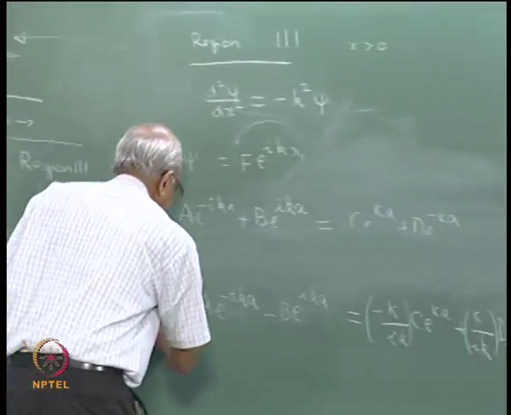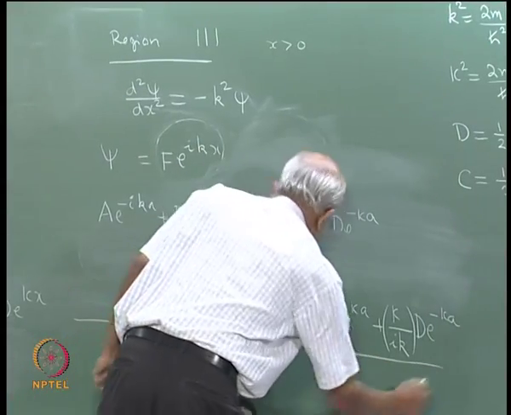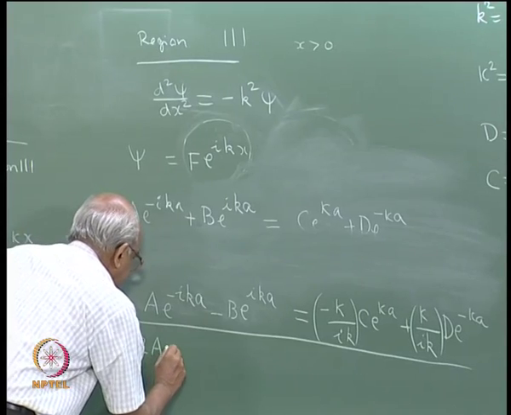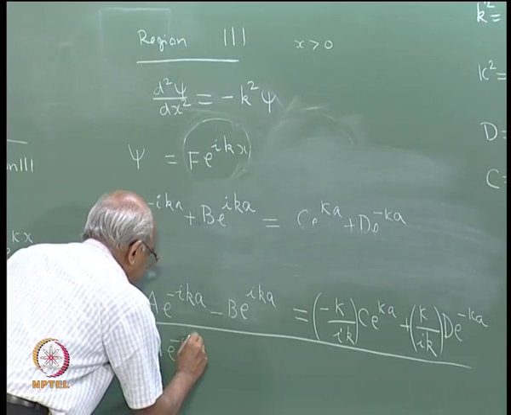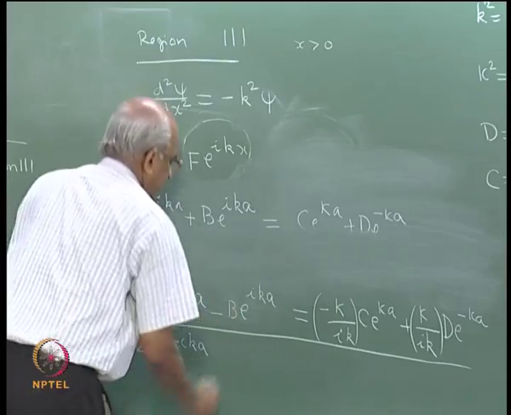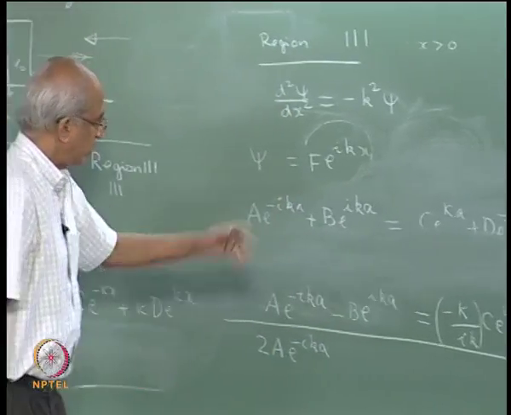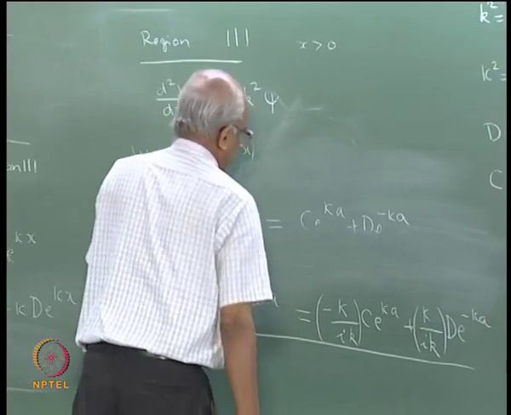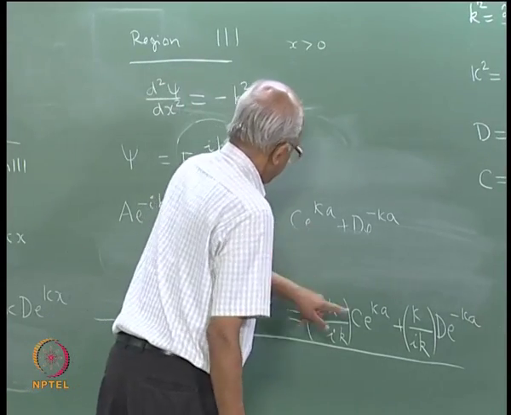Well, maybe I shall do it here itself. If you just added these two, on the left hand side you are going to get 2a e to the power of minus i k a, and what will be the result on the right hand side? These two terms I can add.